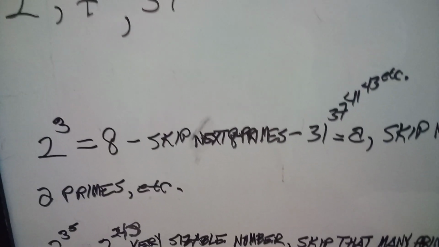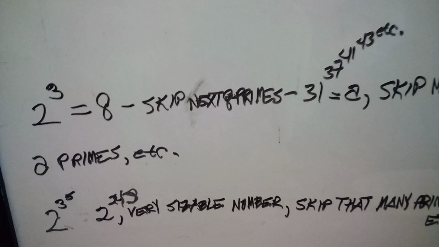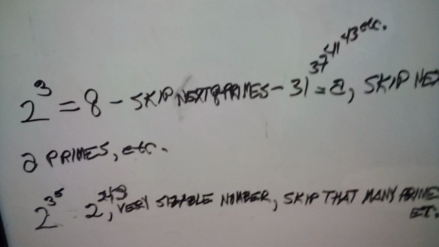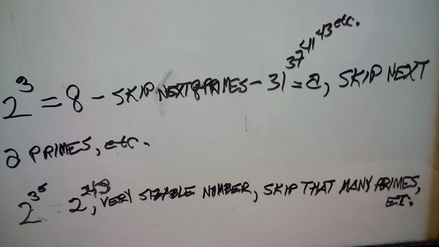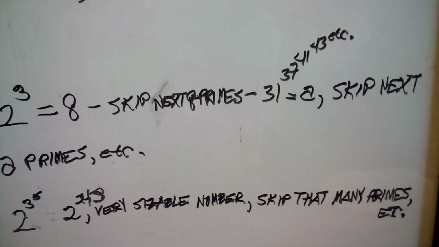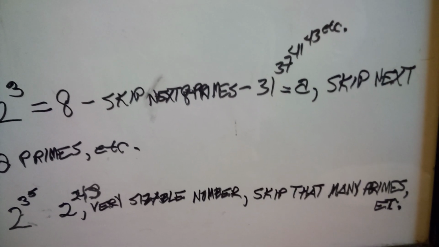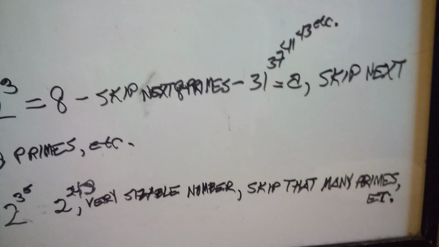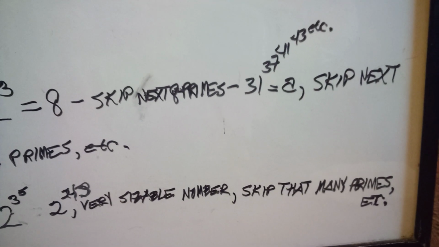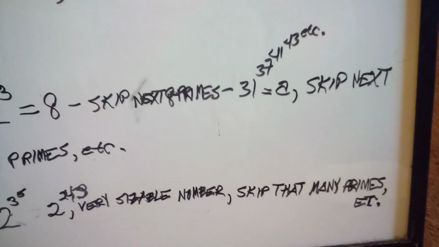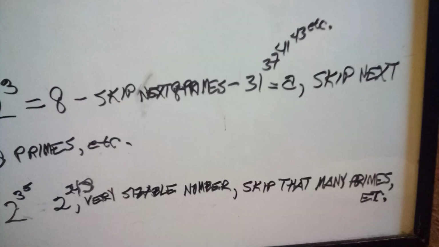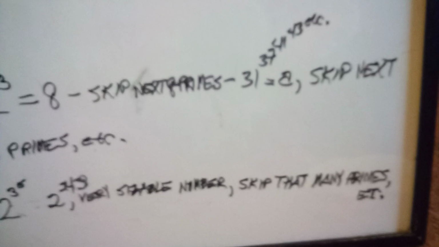All right, if we take the case of 2 and 2 exponent positions, that gives us 2 to the 3 to the 5, which is the same as 2 to the 243rd, which is a pretty sizable number. Then we skip that many primes and start with the next prime and that many exponent positions.